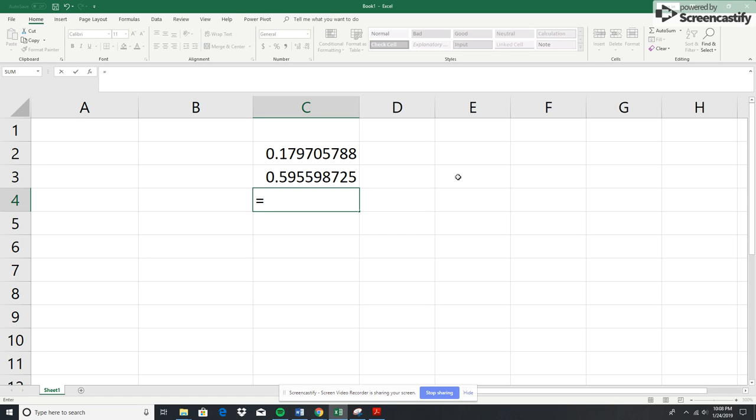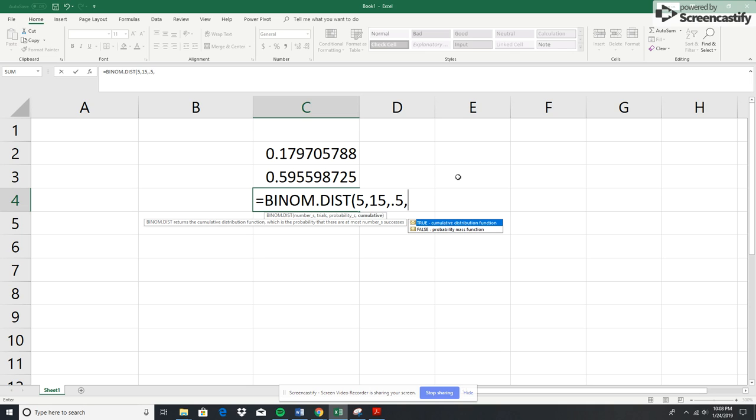Give a different example. Again, binom.dist. And let's consider here, you've got maybe a coin that you're flipping. You want to know what's the probability that it comes up heads 5 times. You flip it 15 times. Probability of success is 0.5.